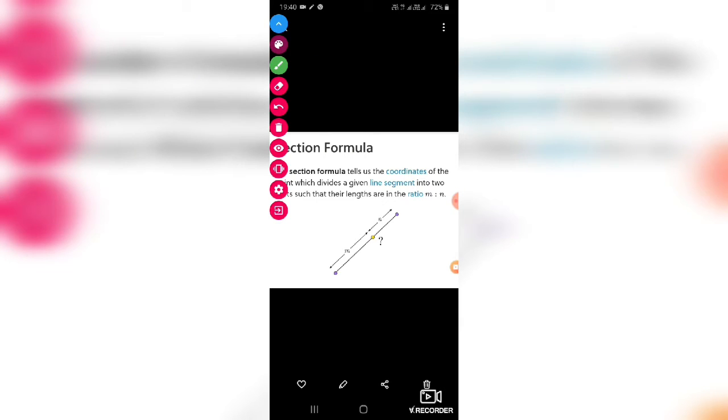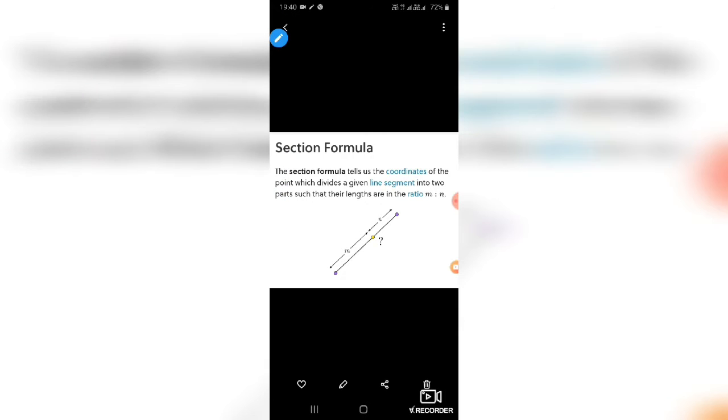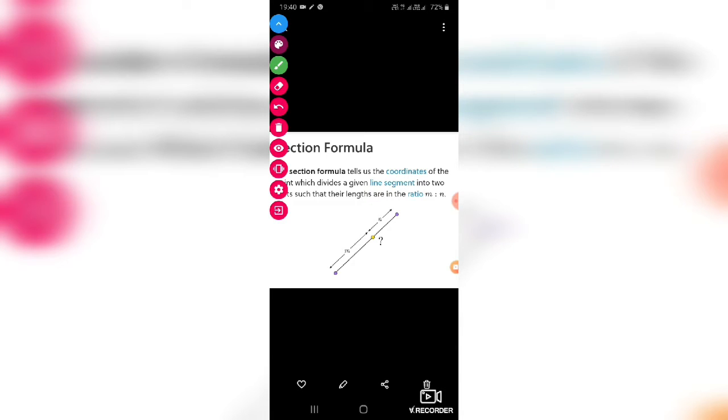Class, today we are going to learn about the section formula, and this formula helps us to find the coordinate of a point on a line. For example, you can see this diagram.